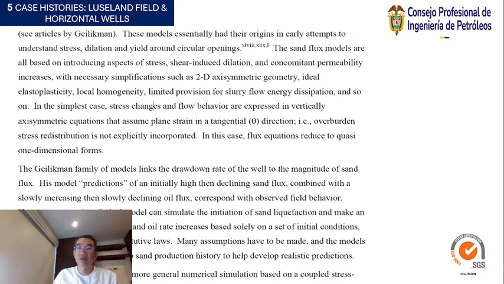The sand flux models are all based on introducing aspects of stress, shear-induced dilations and concomitant permeability increases, with necessary simplifications such as 2D geometry, ideal elastoplasticity, local homogeneity, limited provision for slurry flow, energy dissipation, and so on.